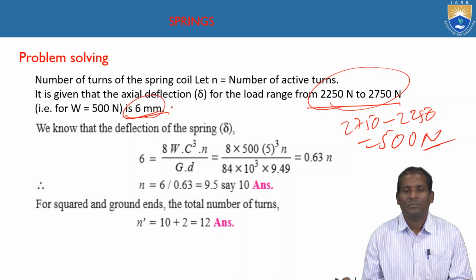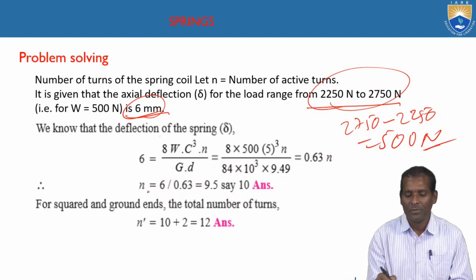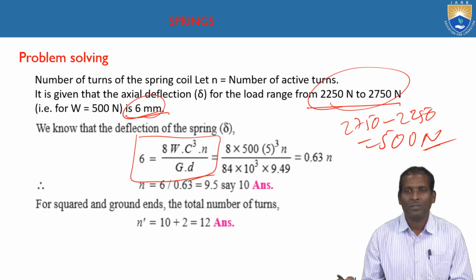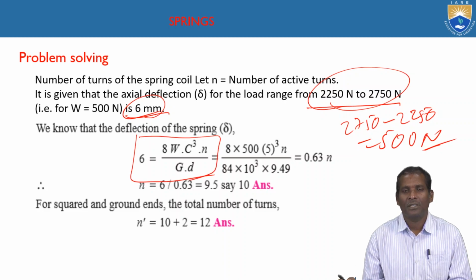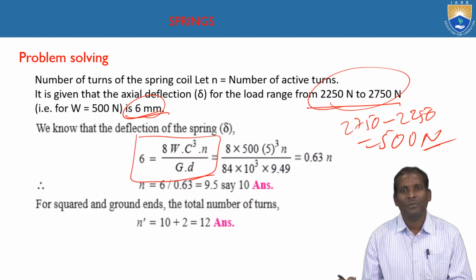Now write the formula for deflection: delta is equal to 8 W C cube into n upon G into d. Substitute the above values in this equation and find the number of active turns. After getting the number of active turns, you may calculate the total number of turns according to the given end condition.